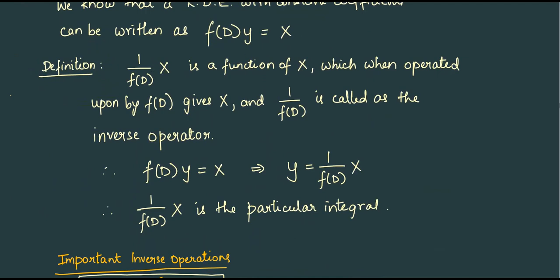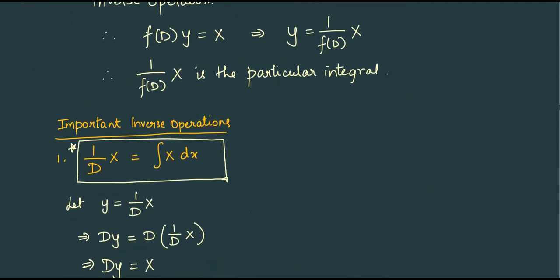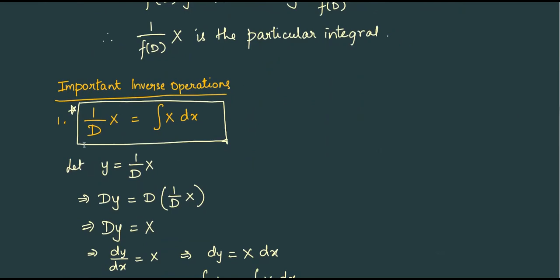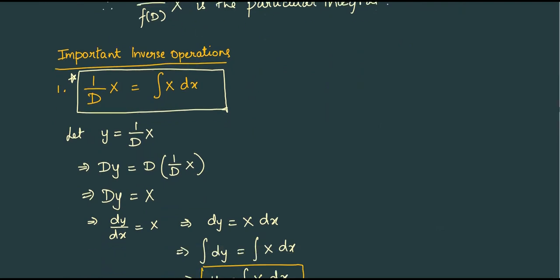Now f of D is a differential operator, so 1 by f of D has to be an integral operator. So first of all, we have to find out two basic operations. Suppose, what is 1 by D times x? So 1 by D times x is nothing but the integral of x dx. So this 1 by D operator is the integral of x.